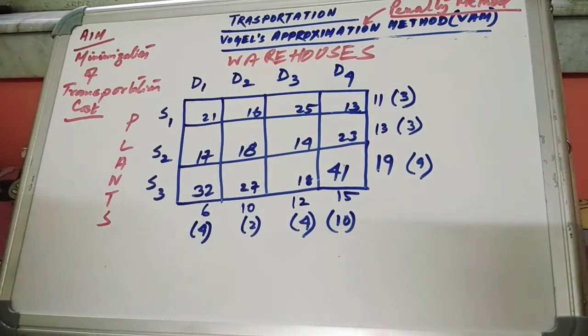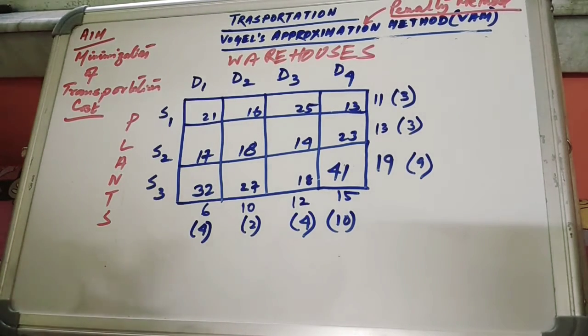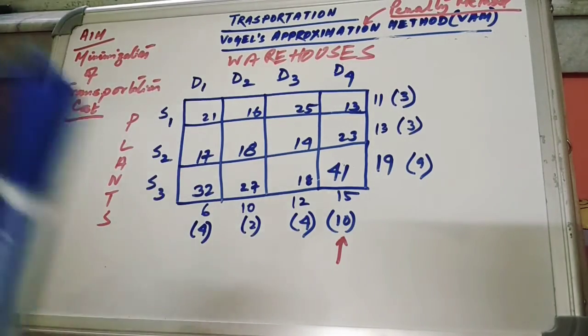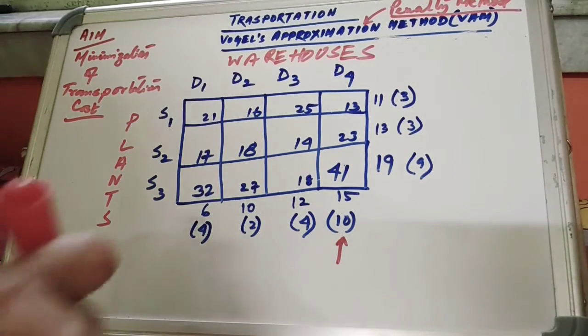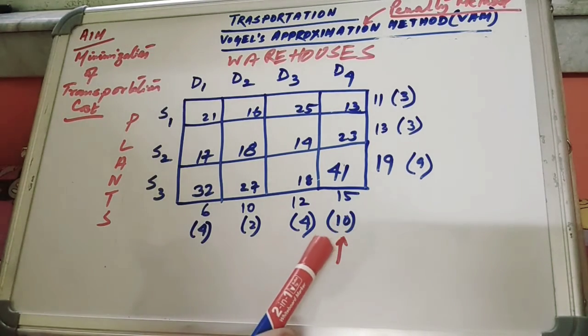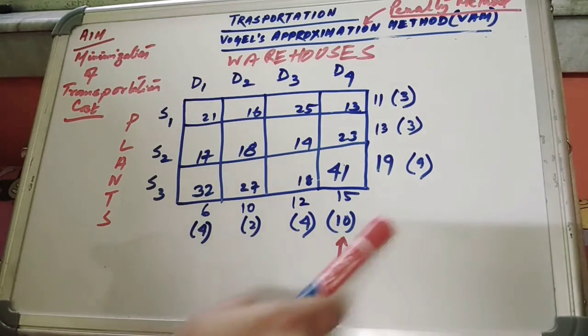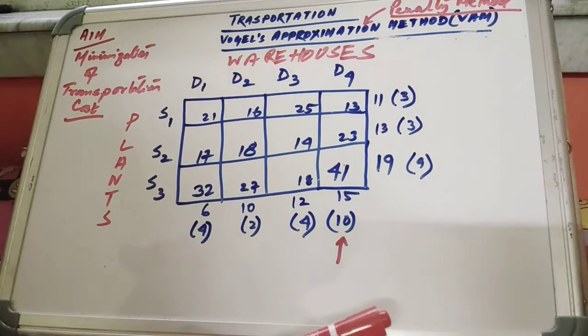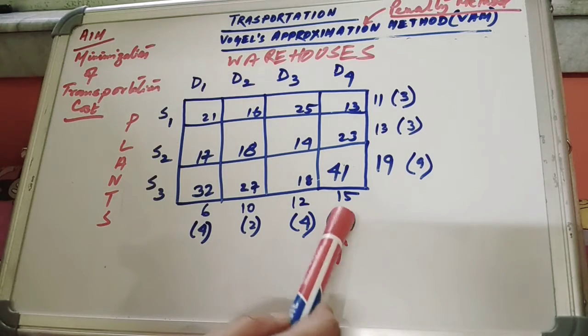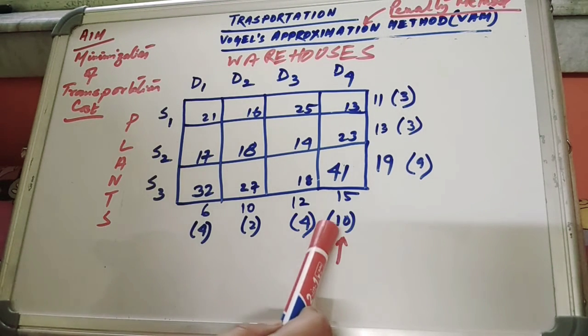Now the next step is finding out the maximum penalty value, which is here, that is 10. Why are we selecting the maximum penalty value? Because we human beings are more concerned about reducing the maximum penalty instead of selecting the lowest ones. So we have to minimize the maximum penalty value. In order to do that, we first find the maximum penalty value, which is 10 here.